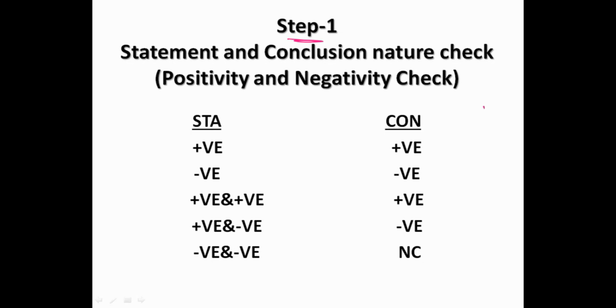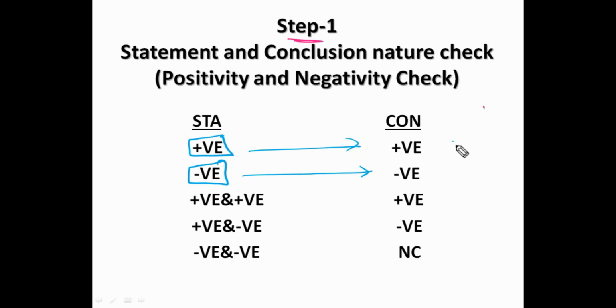A positive statement always leads to a positive conclusion. Negative will fail somewhere. A negative statement always leads to a negative conclusion, so positive will fail somewhere. If the statement is positive, the conclusion must be positive.